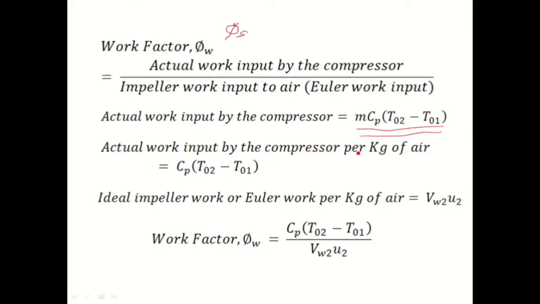Per kilogram of air, m becomes 1 and the equation becomes Cp into T02 minus T01.